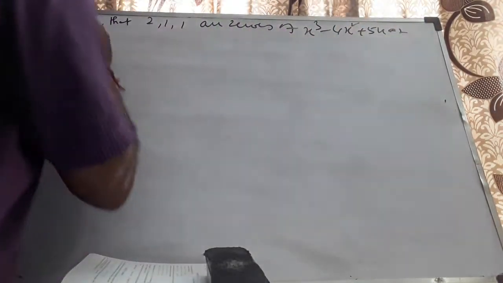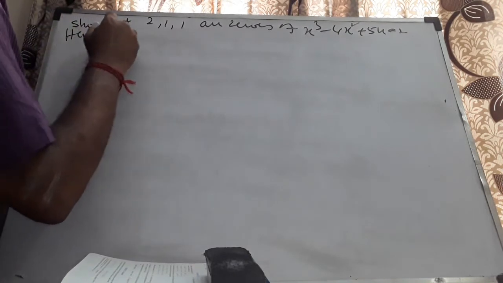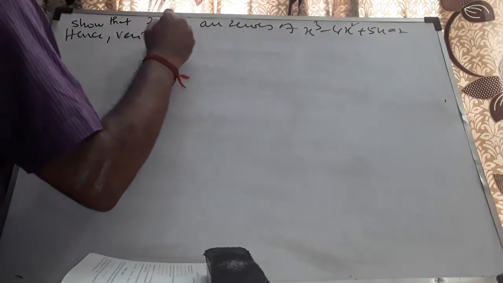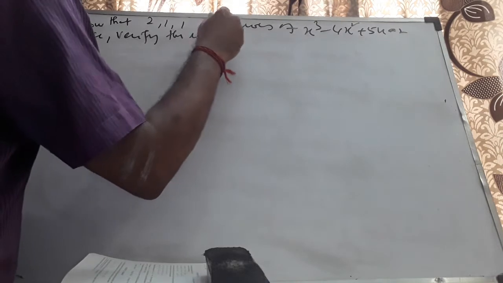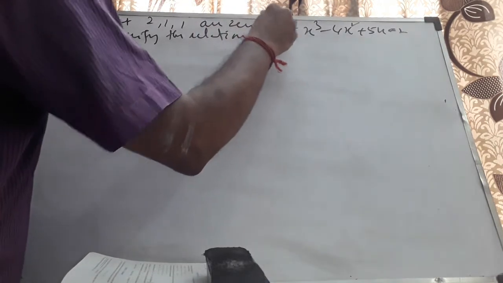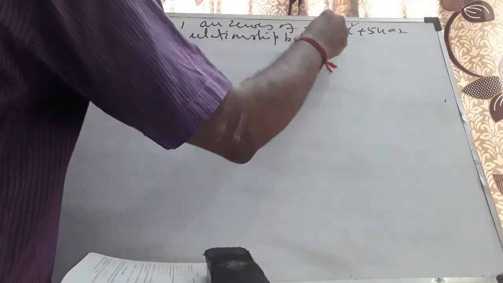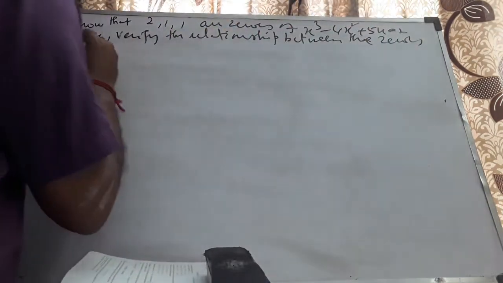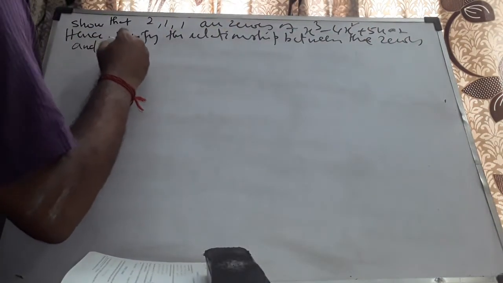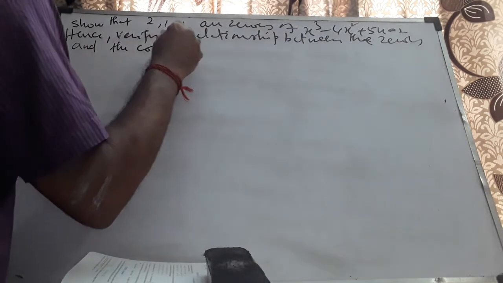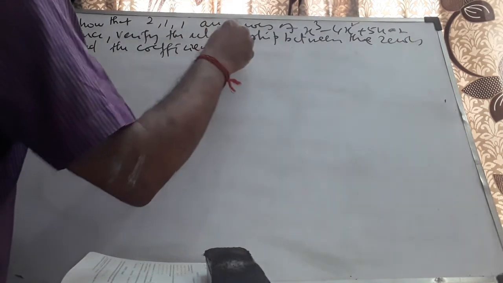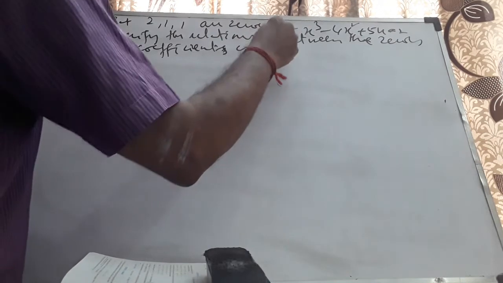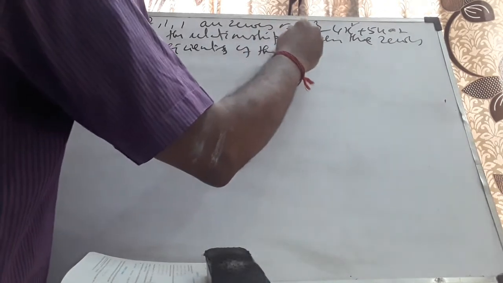Hence, verify the relationship between the zeros and the coefficients of the polynomial.